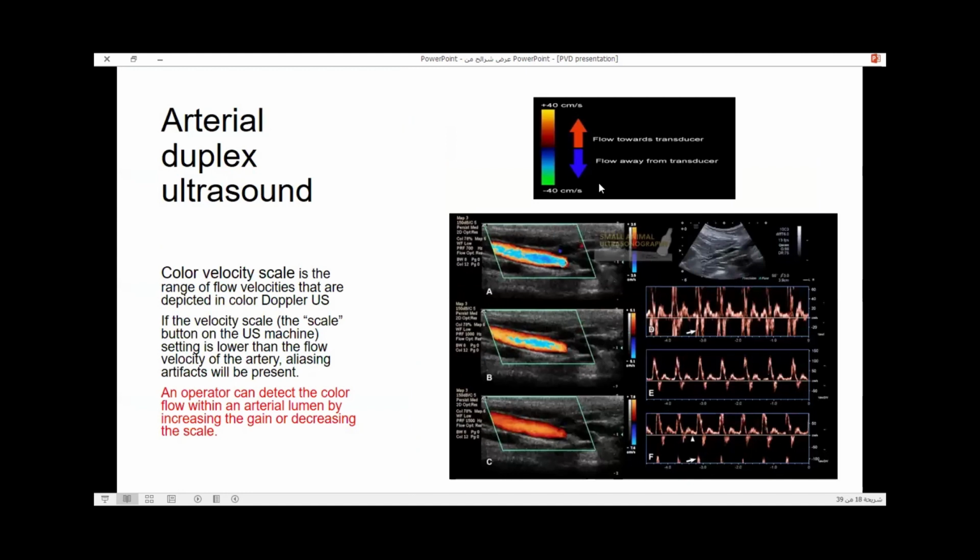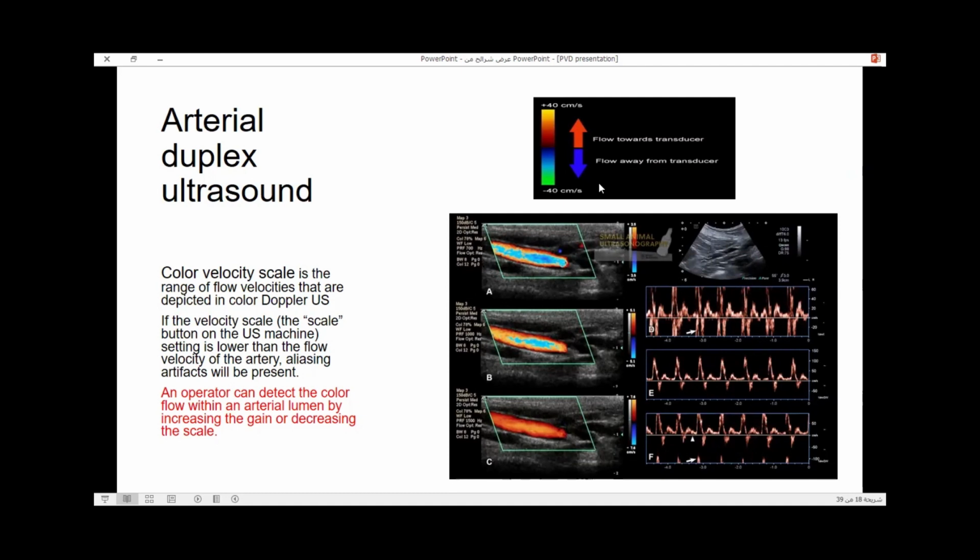For velocity scale, we can change it as low as we can while still getting the flow inside the lumen, without aliasing artifact or noise. So both gain and scale are important to change to get a better image without any noise or aliasing artifact.